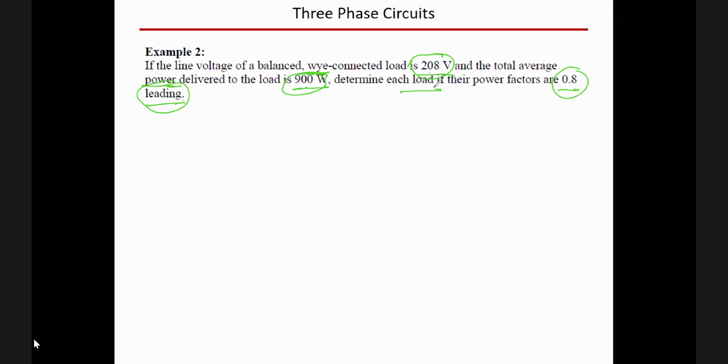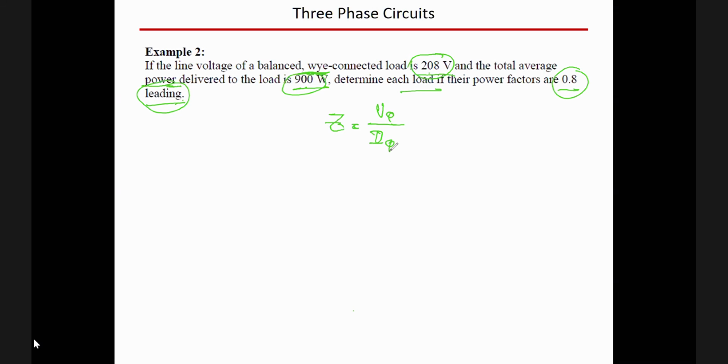So we need to find the impedance of the load. The easiest way is using Ohm's law: V phase divided by I phase. And V phase and I phase should be phasor representations, magnitude and phase for each one of them.